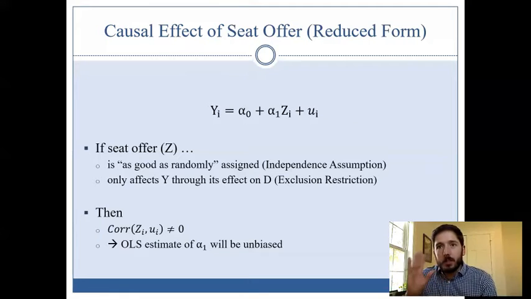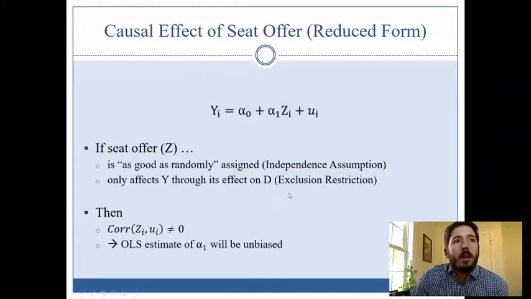So the exclusion restriction is going to hold. The effect is just coming through our treatment variable. And so we've got this correlation between Z_i and U_i, which is going to be equal to 0.